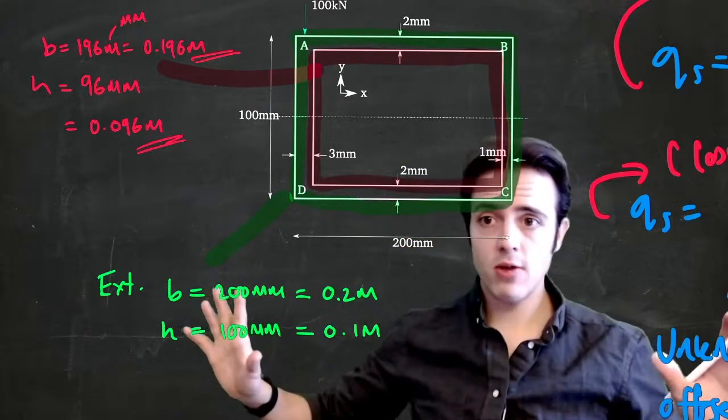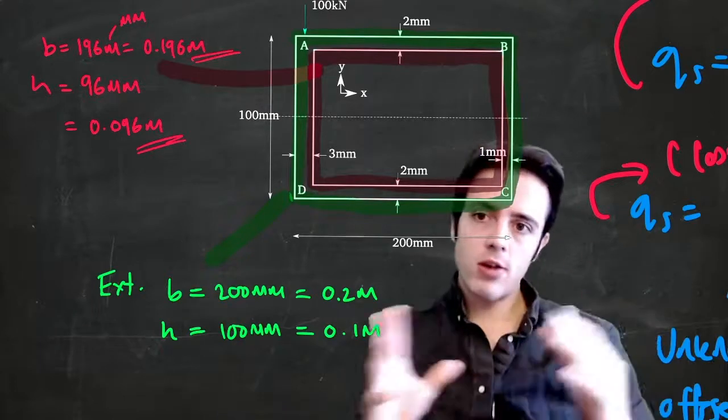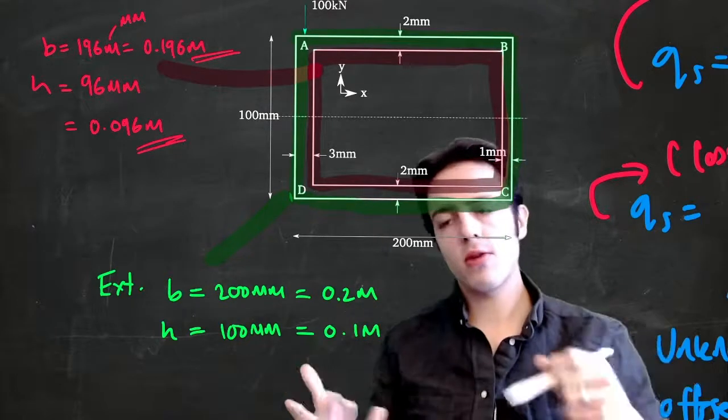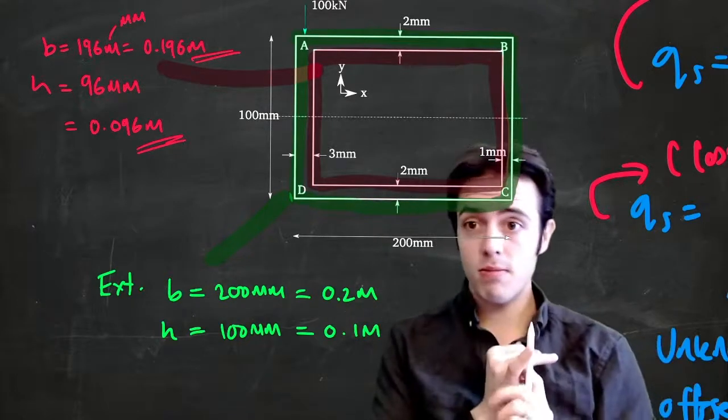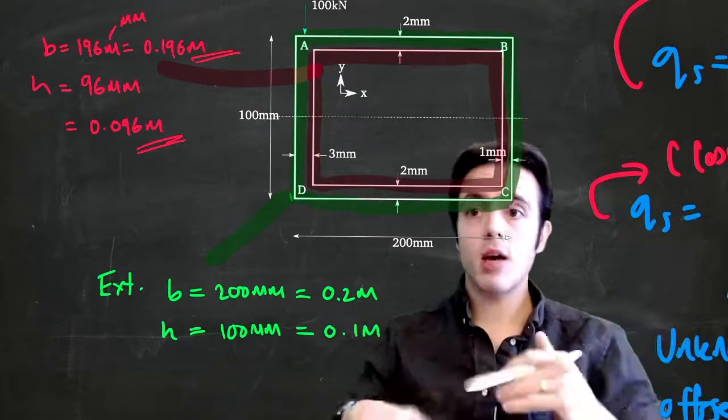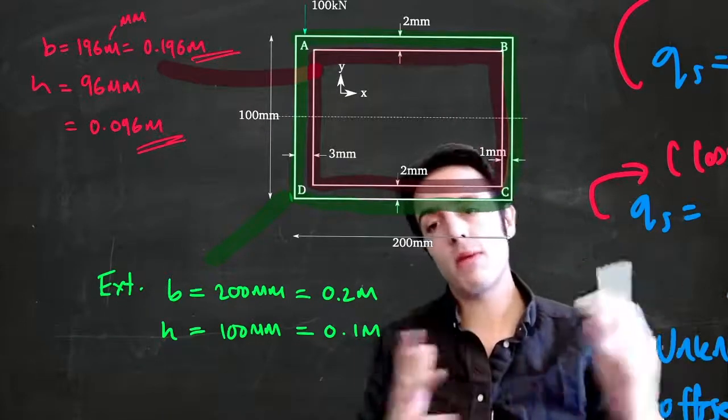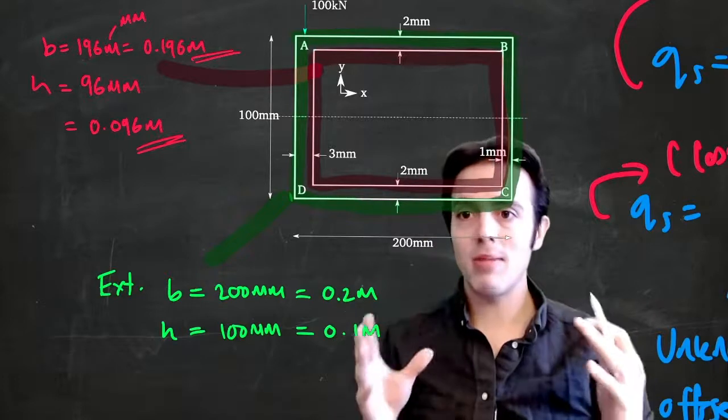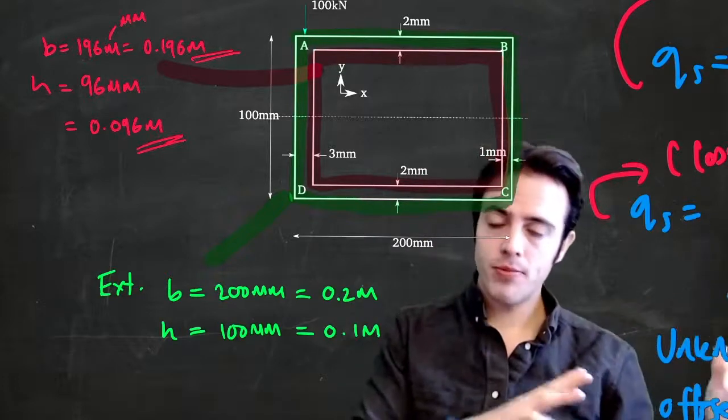That's just the way I've chosen to solve this problem. You can make a choice in this problem. You can either choose to keep things in millimeters. You would then determine your Ixx, your second moment of area, in millimeters to the power of 4.